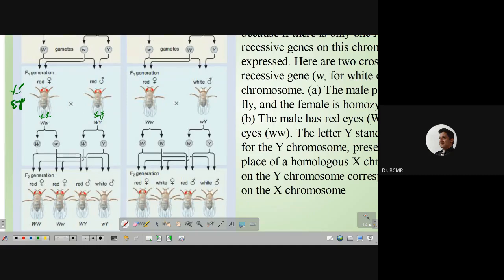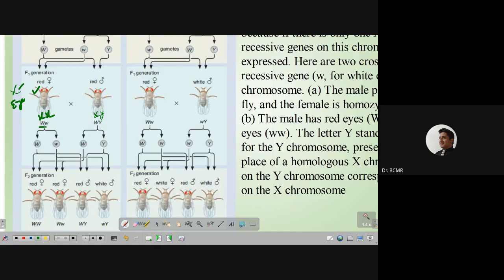Eye color is on the X chromosome. So the female would have two X chromosomes, so there are two alleles for eye color. One is capital W and the other one is small w. Red color is the dominant phenotype.